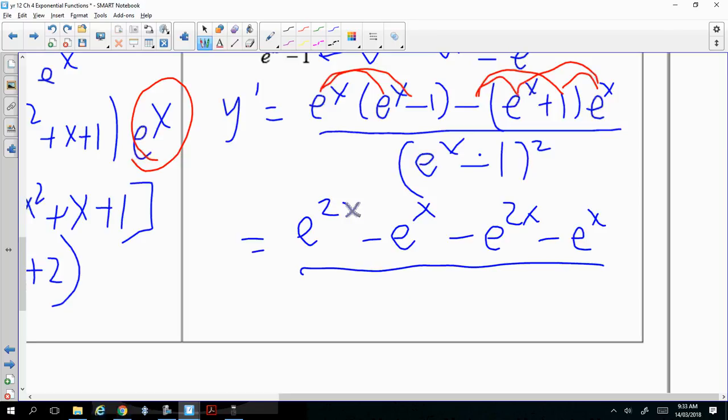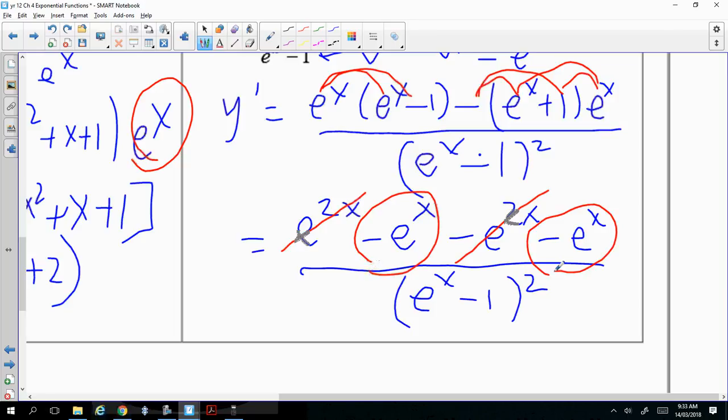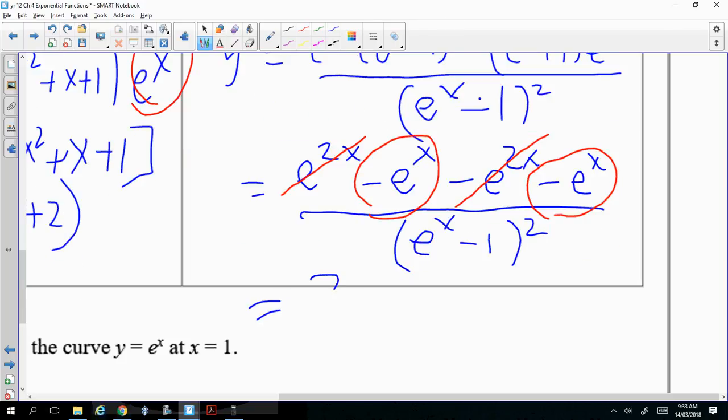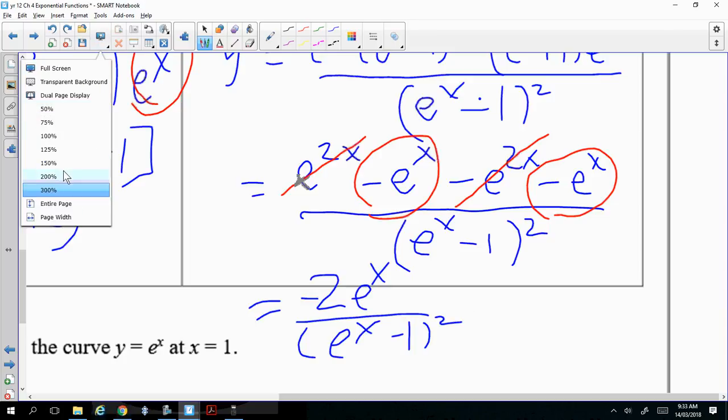These two are like terms, they cancel. And these two will be added together, which become negative 2 e to the power of x over this thing squared. Alright, any questions? So these are the rules you could use: product rule, chain rule, and normal rules. Okay, and there's more questions in the textbook we can practice.